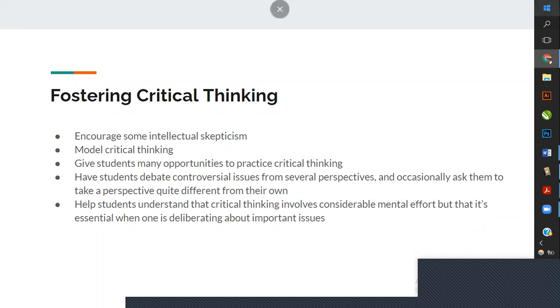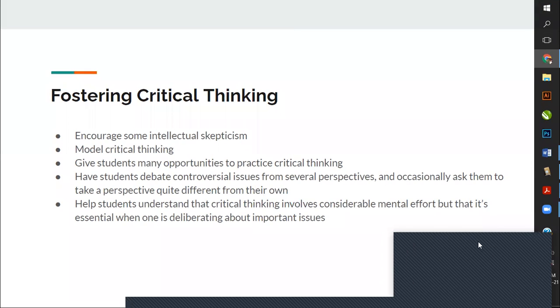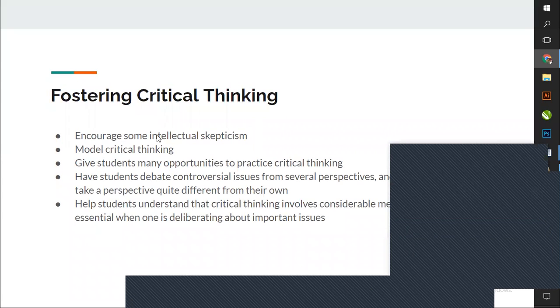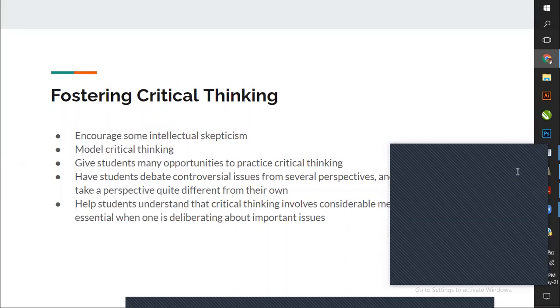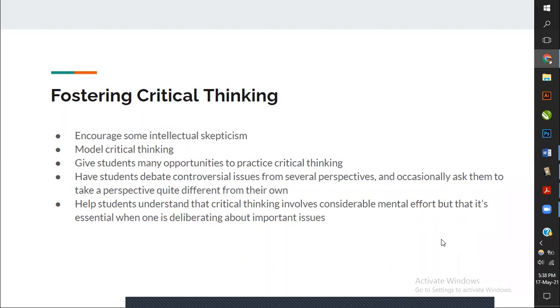Between their colleagues, they will have this opportunity to not only get this critical thinking, but to be encouraged to do it by themselves. So yes, this diversity might exist, but with the encouragement and the modeling from the teacher, it would be easy for us to make them think.